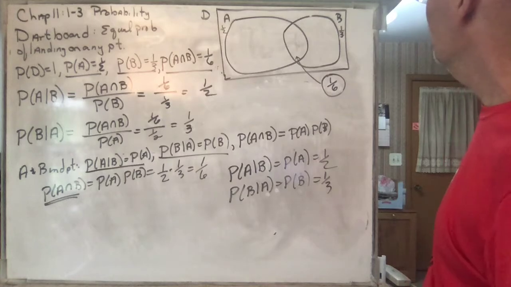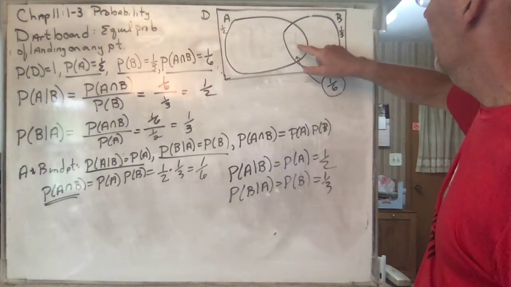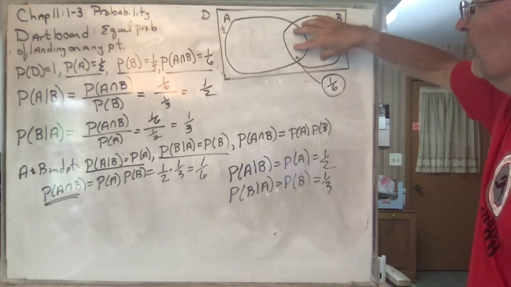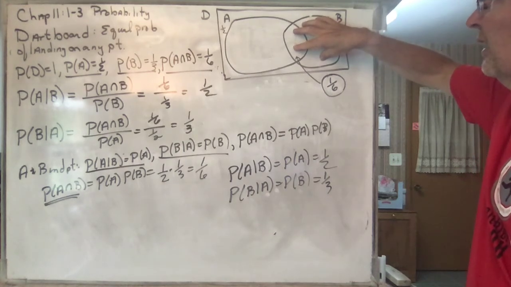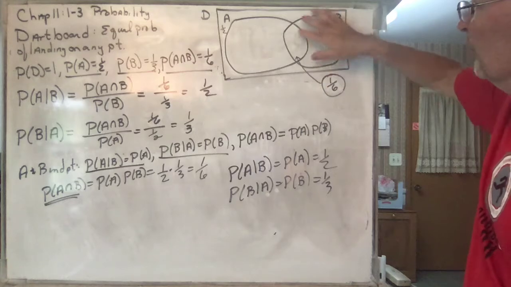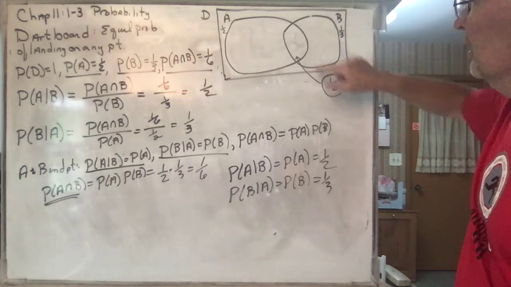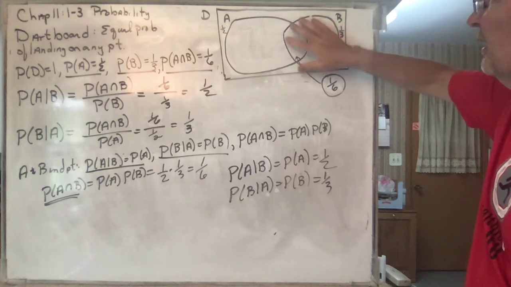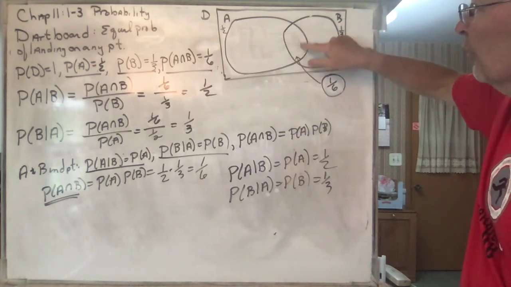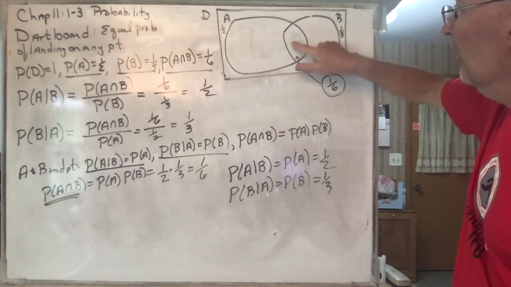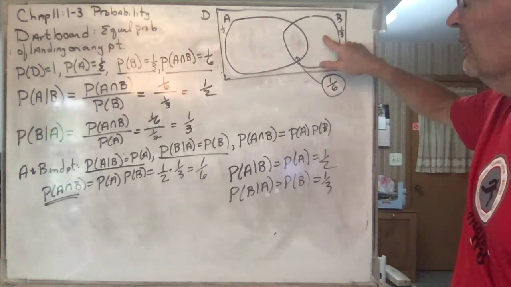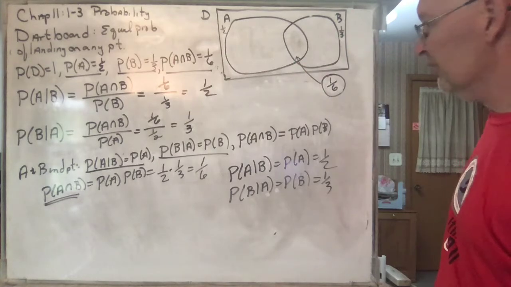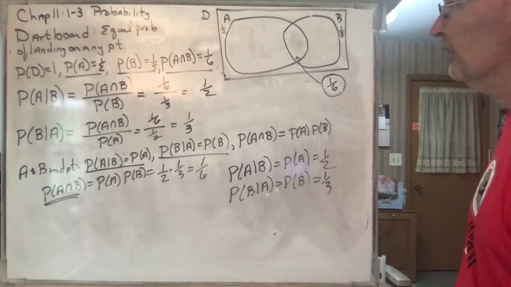You know you're in here, and given that you're in here, what are the chances that you're in A? Well, this whole thing is 1/3. This part right there is 1/6. So I told you you landed in B, so you know you're in this world, and you want to know what are the chances that I'm also in here. 1/6 divided by 1/3 is also 1/2. See? So by me giving you that extra information, it didn't help you out at all. Those two things are independent of each other.